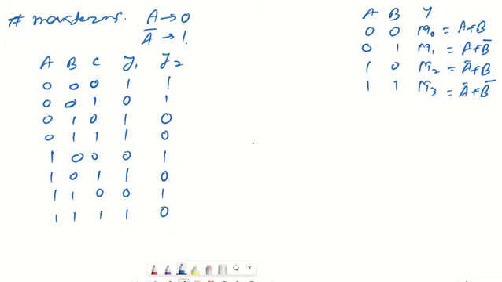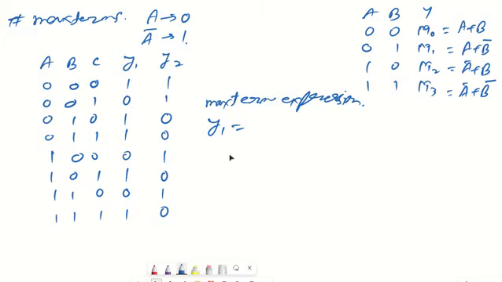Now let us write down the max term expression. What will be my y1? What you have to do is find the product term of each term in the y column. Wherever it is 0, those terms will be taken.